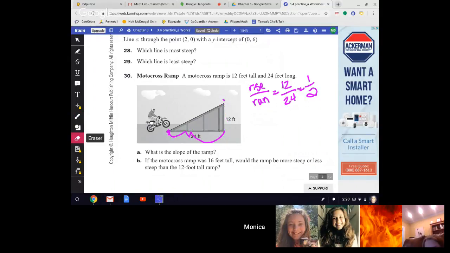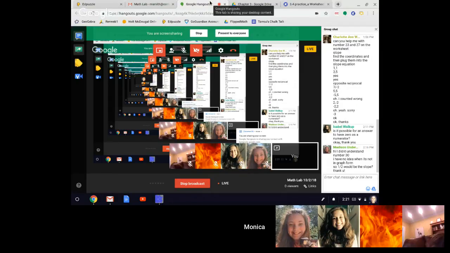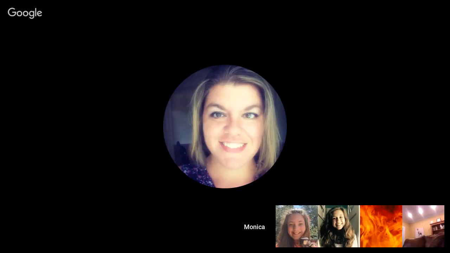If this is your 12-foot tall ramp, and now you're going to have a 16-foot tall ramp, instead of here, it's going to go up to, say, here, okay? So now your line is going to look something like that. So is that more steep or less steep than the one that's there already? Yes, more steep.